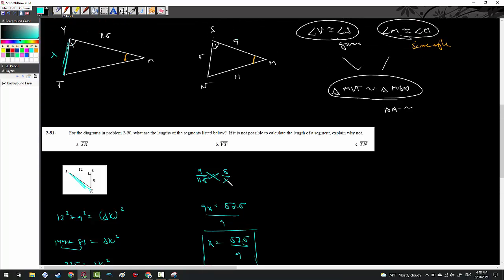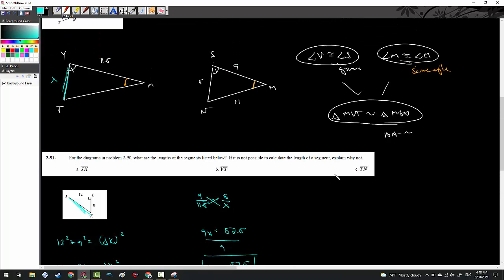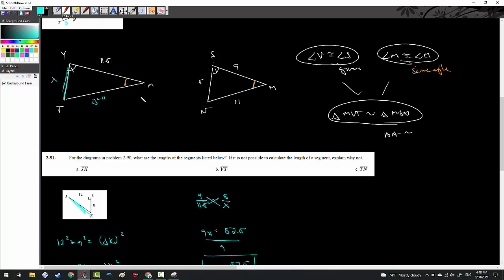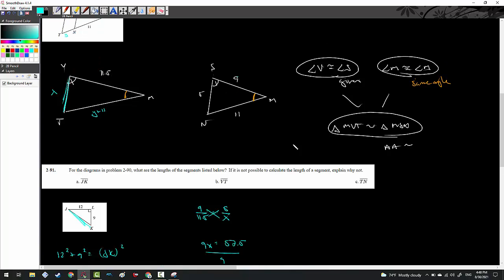Now, TN is going to be a little bit odd, because to find TN, I'm going to find the entire length of MT and then subtract 11 from it. So here, I'm going to call it y, which means the entire space is going to be y plus 11, right? The small stub plus the longer part. If I compare the two, I'll say again, 9 over 11.5 is equal to 11 over y plus 11.